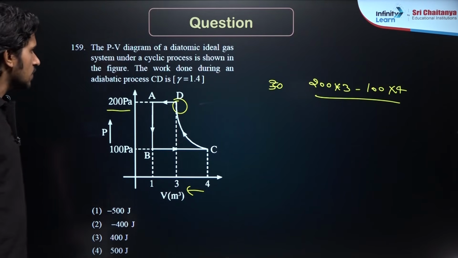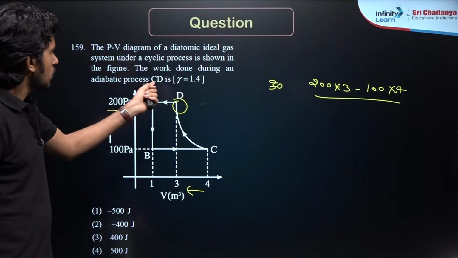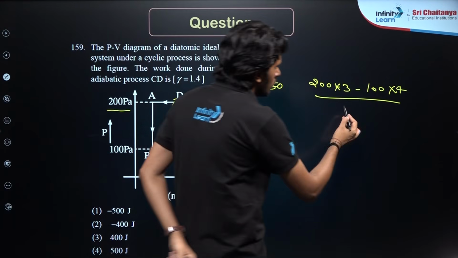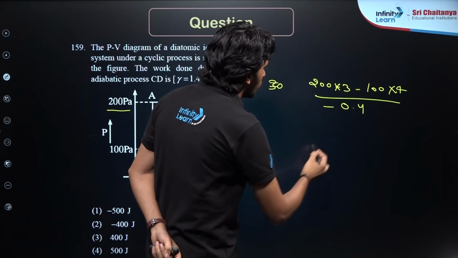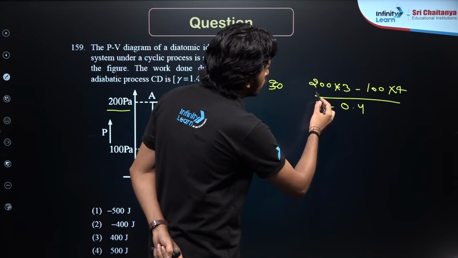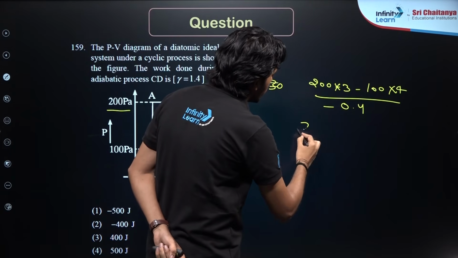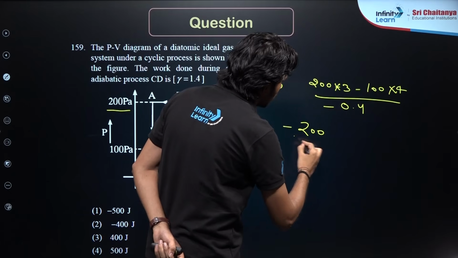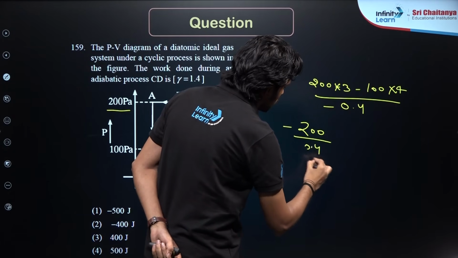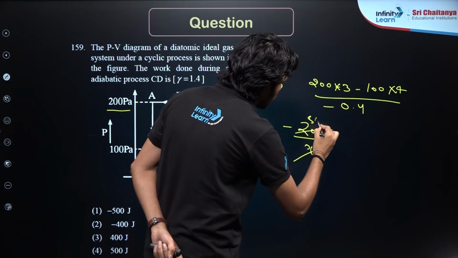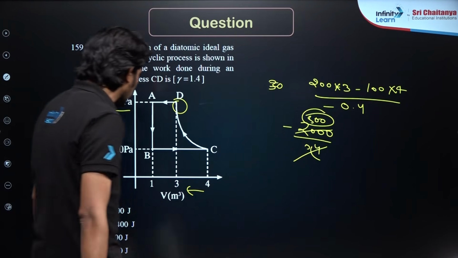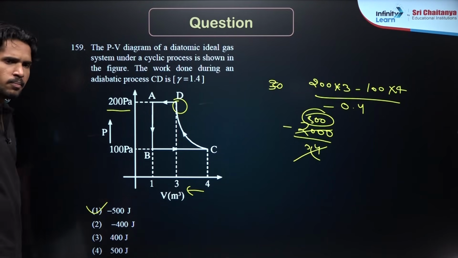So 1 minus gamma is 1 minus 1.4, that is minus 0.4. 2 threes are 6, so 600 minus 400 is 200. 200 by 0.4 gives 500 joules, so minus 500 joules. Simple problem.